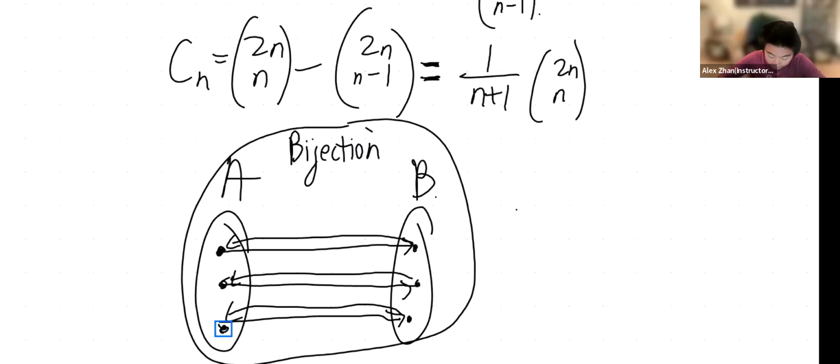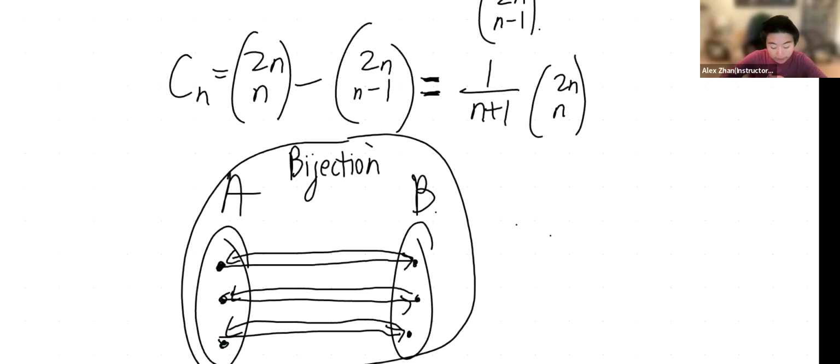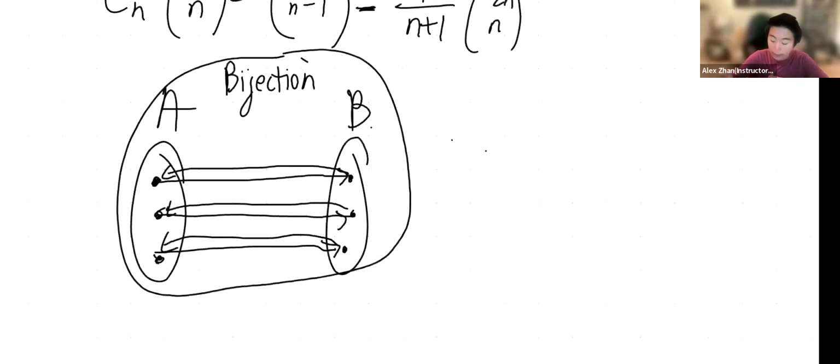Okay, so this is basically about Catalan numbers. And later on in our practice section, we will also show you how to show a bijection between Catalan numbers and some other interesting problems. I think the common bijections would involve the handshake problem.